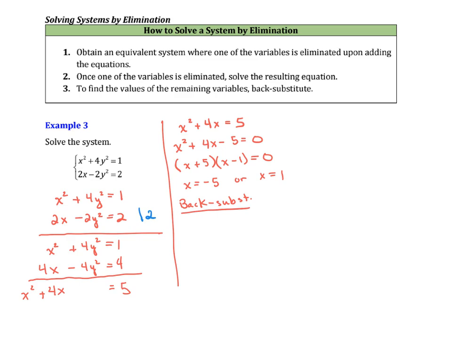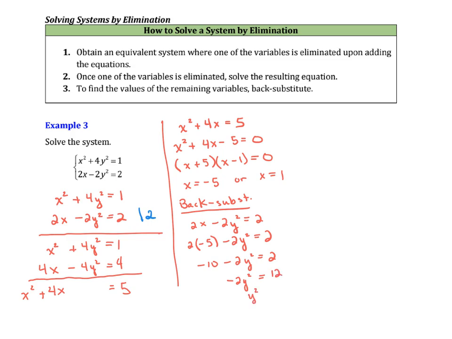So if we use 2x minus 2y squared equals 2, and we substitute negative 5 in, we get negative 10 minus 2y squared equals 2, which would mean negative 2y squared equals 12.